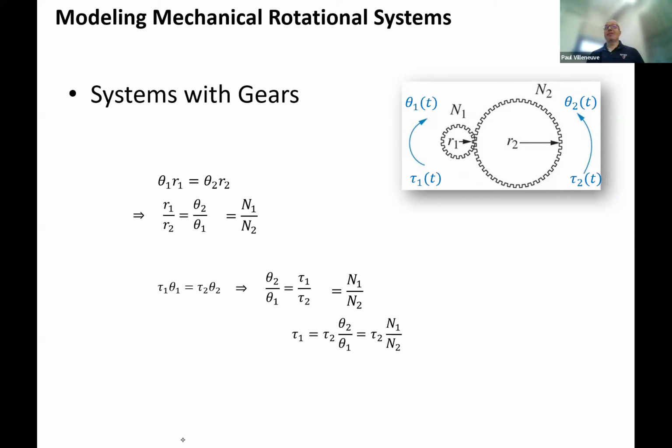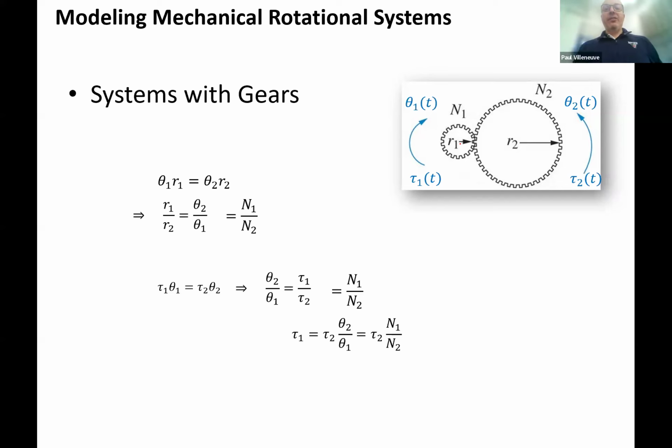Smaller gear, say more. Yeah, this one right here has to keep up with the rotation of N2. So it's going to be spinning at a much faster rate to maintain lockstep with N2. So N1 is spinning at a much higher rate than N2.